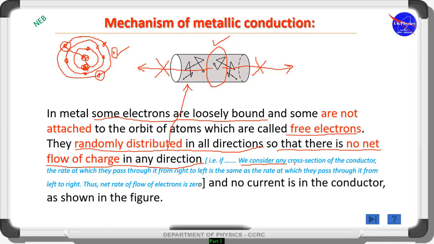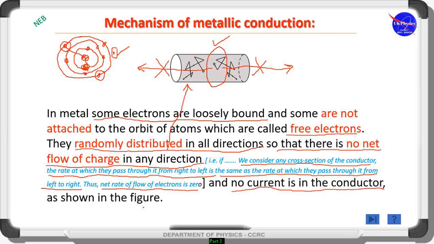So if we consider any cross section of the conductor, the rate at which electrons pass through it from right to left is the same as the rate at which they pass through it from left to right. Thus the net rate of flow of electrons is 0. This means that if there is no significant flow of electrons in a particular direction, there is no current in the conductor.